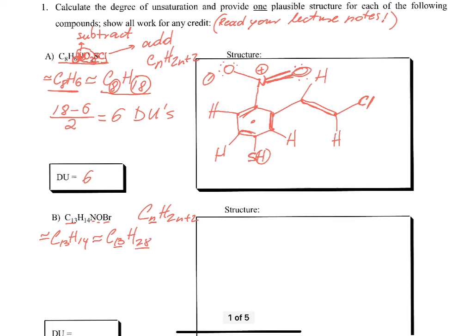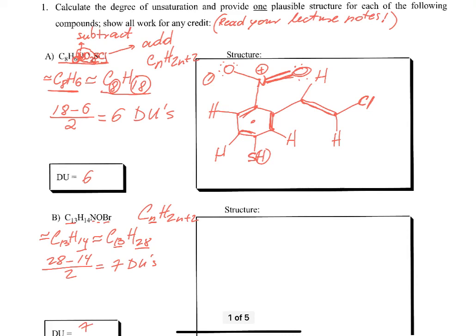I have 28 hydrogen in a hypothetical saturated compound versus 14 in the compound in question. I will compare the number of hydrogen atoms. The difference is 28 minus 14 divided by 2, which gives me 7 degrees of unsaturation.